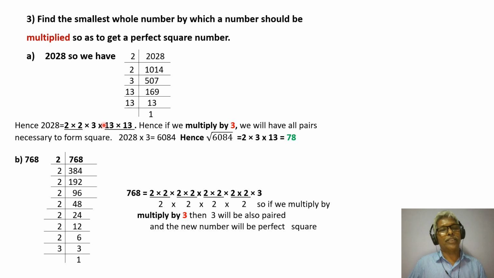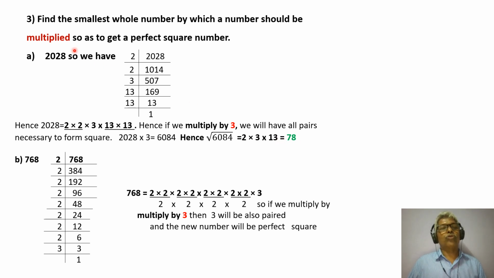Hence we multiply by 3, and we get all the pairs necessary. So 2028 into 3 is 6084, and the root of 6084 is 2 into 3 into 13, which is 78.